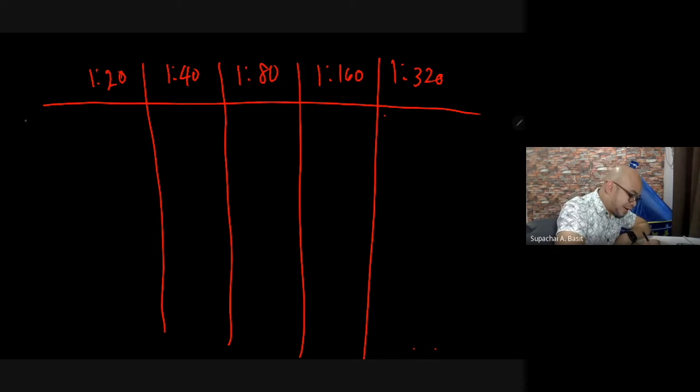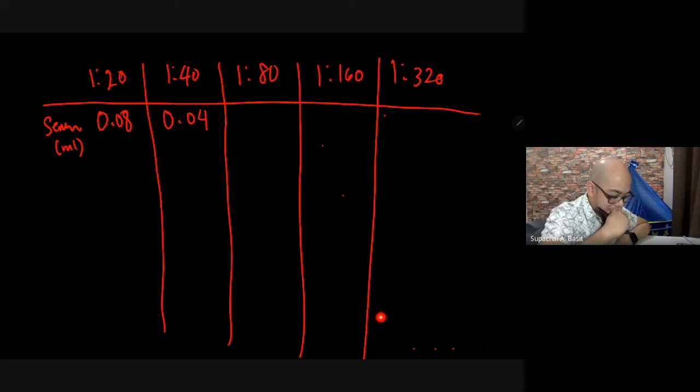Here we add serum from the patient. If it's a 1:20 dilution, we add 0.08 ml. 1:40, we add 0.04 ml. 1:80, we add 0.02 ml. 1:160, we add 0.01 ml. 1:320, we add 0.005 ml.